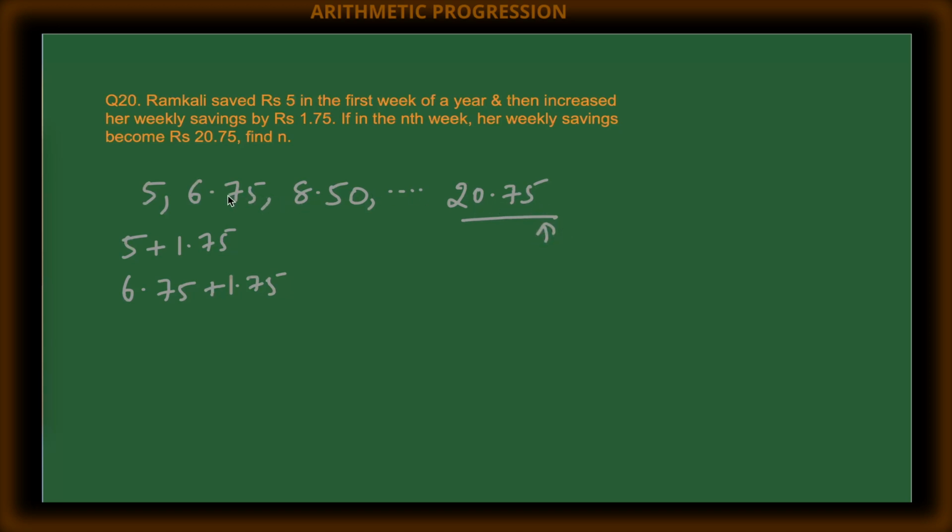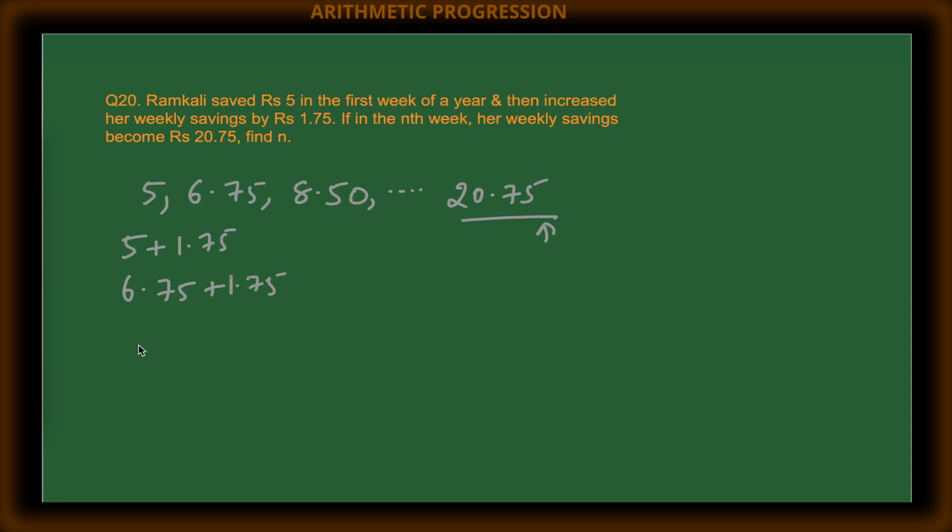She started with ₹5 and every week she incremented by 1.75. Additional 1.75 she added to the previous week, and it keeps incrementing like that. At one point of time her savings became 20.75. So which week or which term did she save 20.75? So we need to find that.